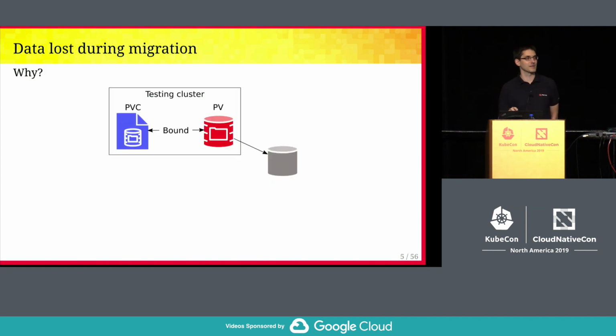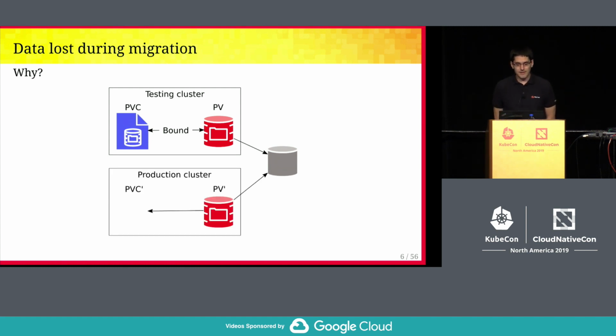So why did it happen? This is the picture of the original testing cluster. They have a PVC bound to a PV that points to some storage in the storage backend. And then they brought the persistent volume object and restored it in the new cluster. And the persistent volume was bound to a persistent volume claim that did not exist at that time.